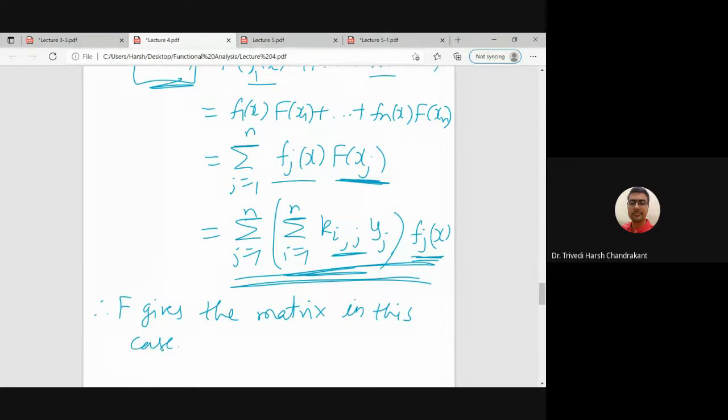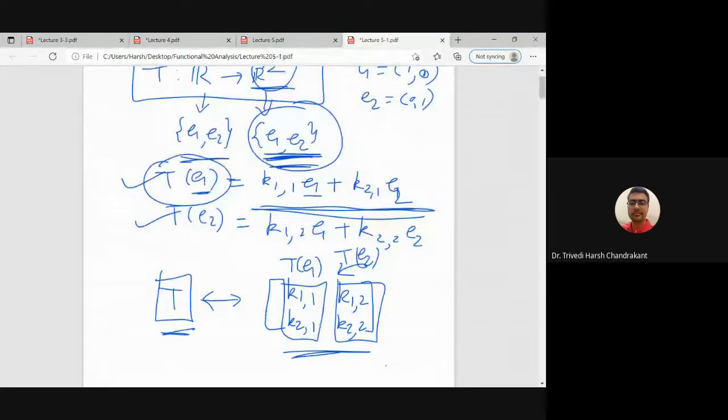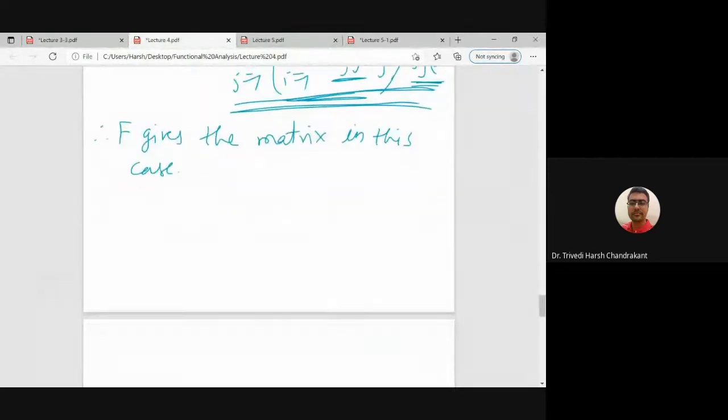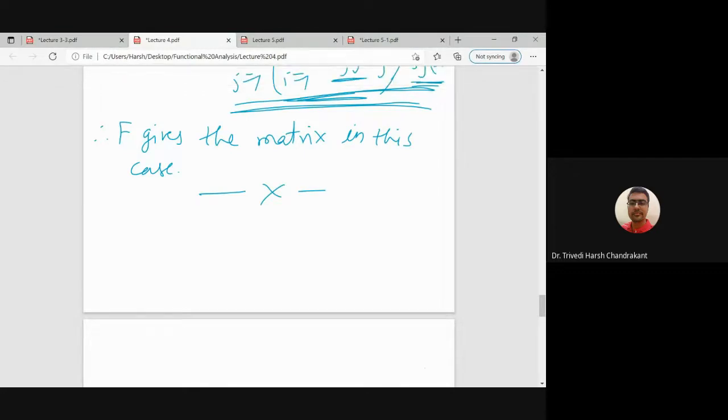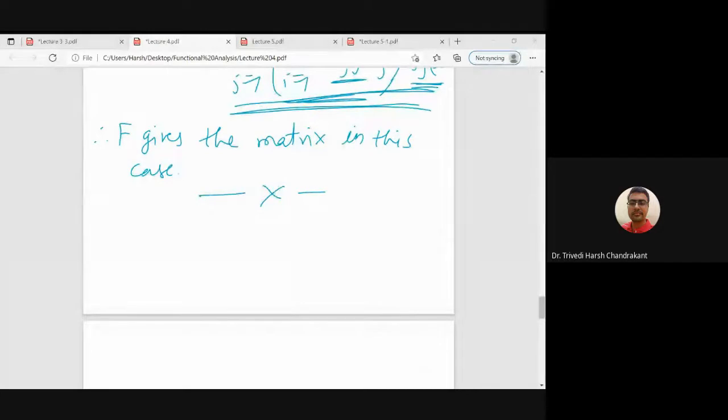Okay, so the method works both ways, that is what we verified. Fine. So this is regarding the matrix decomposition of a linear transformation in terms of given bases of the domain and codomain.